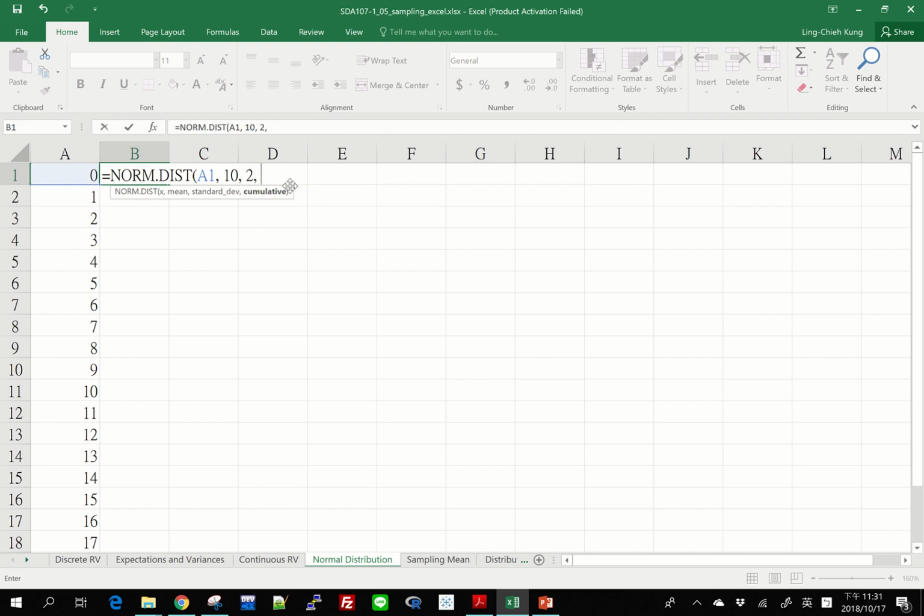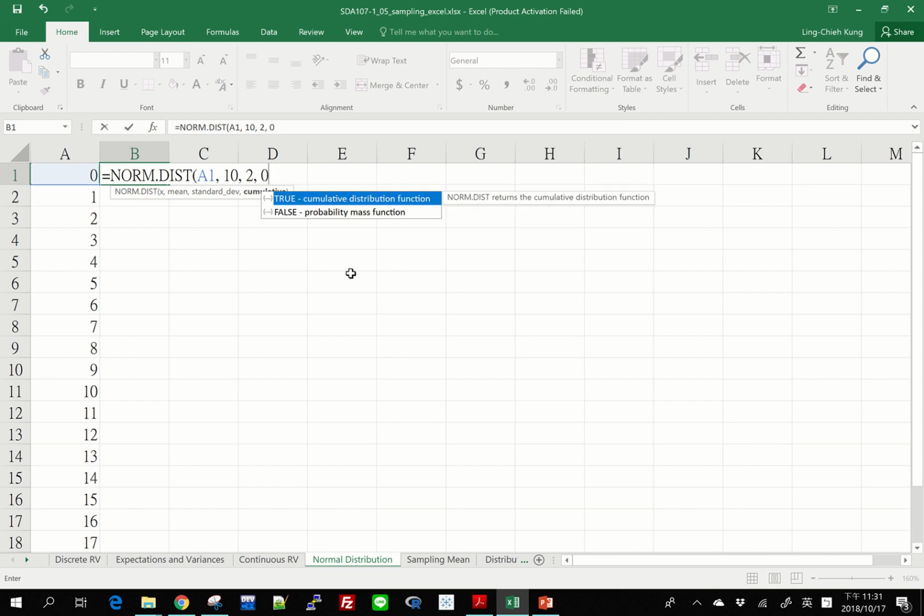Now let's focus on the last argument. Cumulative means if you want to get the cumulative distribution function, the CDF, then put 1 here.